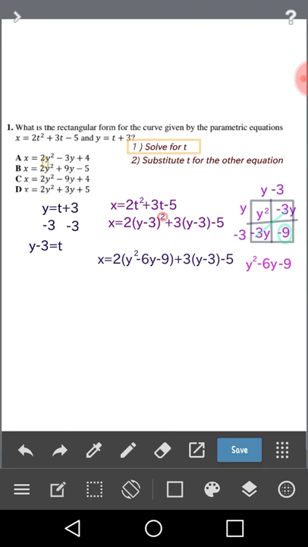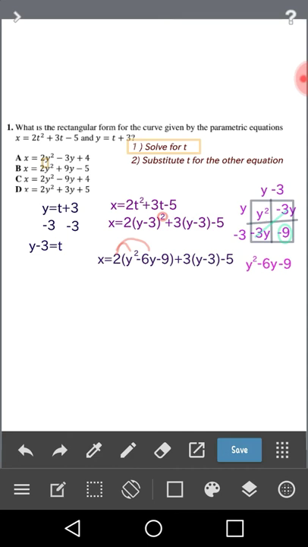Then you multiply 2 times negative 6y, and that will give you negative 12y. You will also distribute the 3: 3 times y is 3y, and 3 times negative 3 is negative 9. You can bring down negative 5 to the bottom equation.